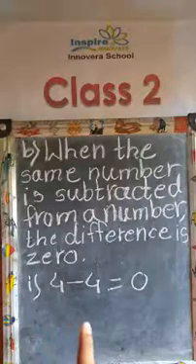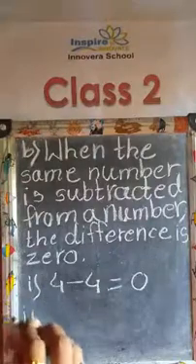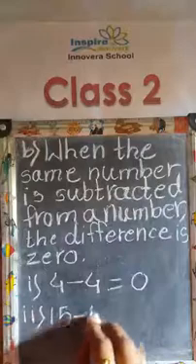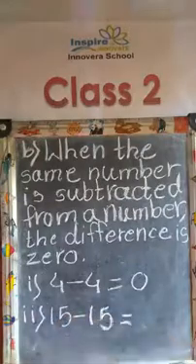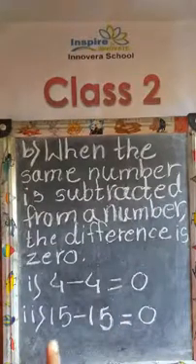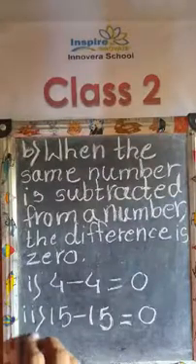So this thing we have learned, okay? Some more examples you can write on your own. I am giving one more example to you all. 15 minus 15 is equal to 0. So this thing you are going to write in your notebook and you will be submitting to me.